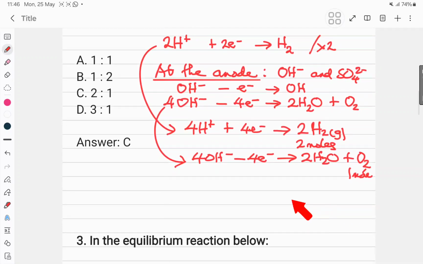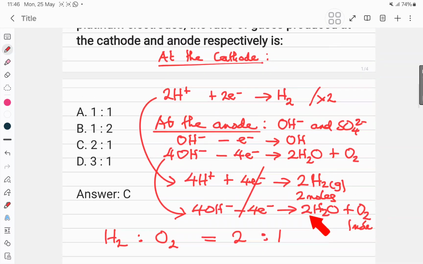Therefore, in the electrolysis of the acidified water, we are going to have 2 moles of hydrogen. So the volume ratio or the mole ratio of hydrogen to oxygen is going to be 2:1. That is 2 moles of hydrogen and 1 mole of oxygen. So the correct answer is C.